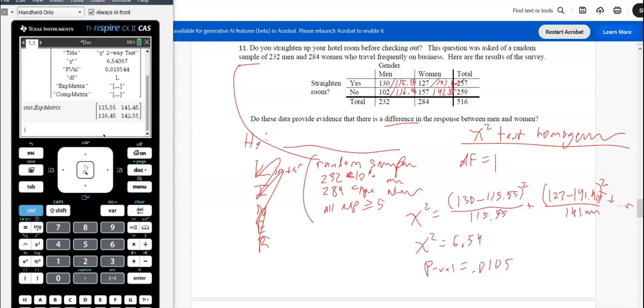So 1% is less than 5%. We do reject the null. We do have evidence to say there's a difference in the responses between men and women regarding cleaning up your room when you're traveling.